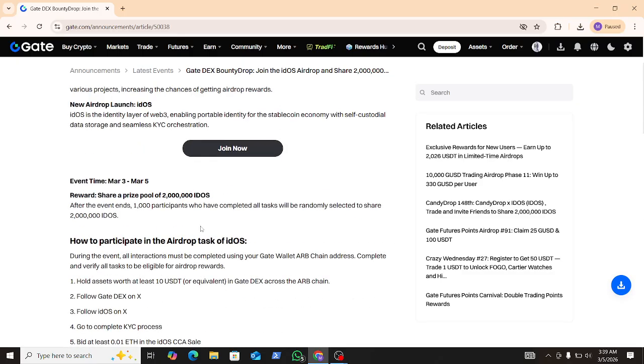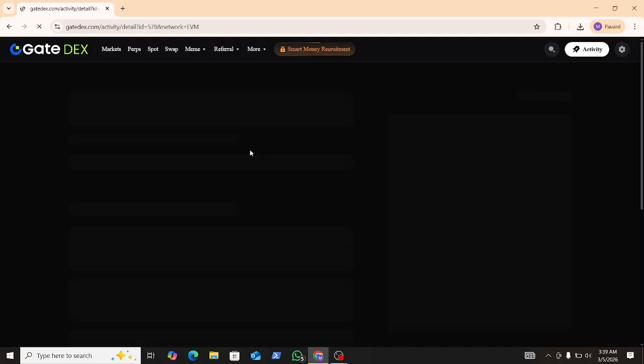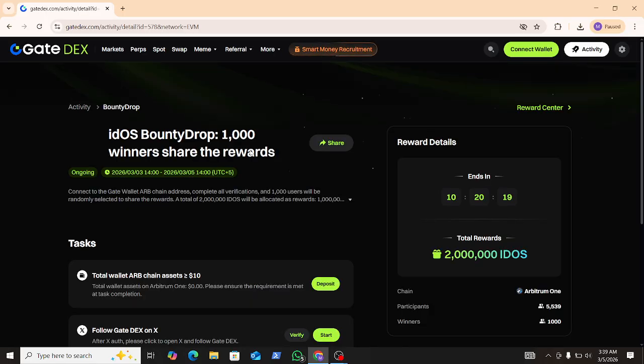Okay, we will select the Join Now button to join this. IDOS BountyDrop, 1,000 winners share the rewards. Okay, ongoing.